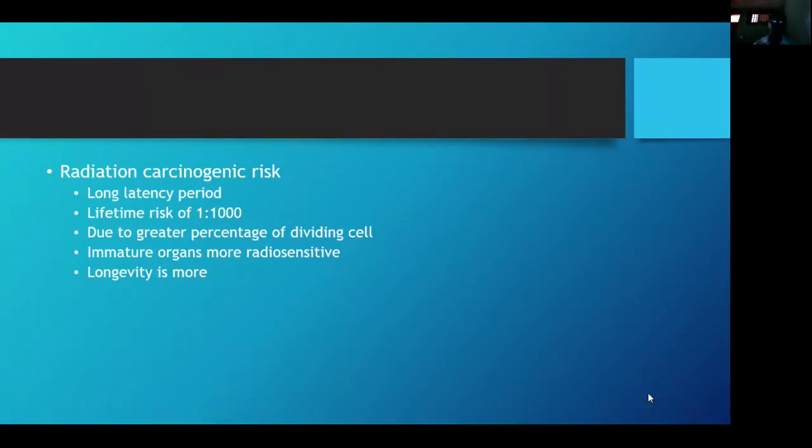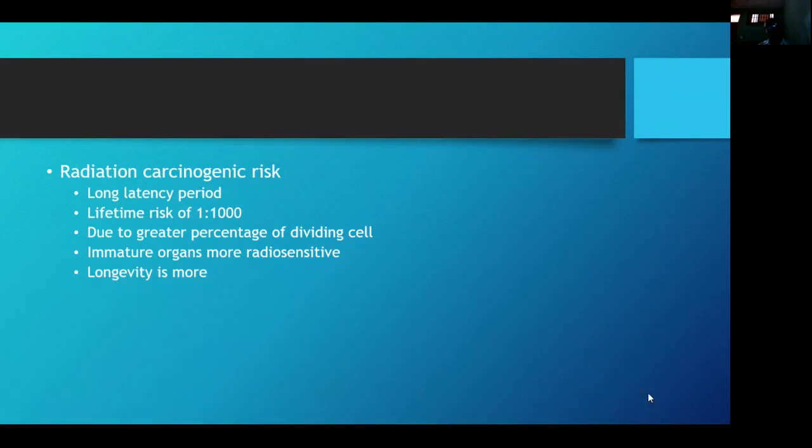One of the problems with children is the fact that they are just beginning their life. So technically speaking, you will consider the carcinogenic risk of a CT scan more for a 5-month-old child than you would for a 50-year-old man, because the 50-year-old man, in a place where the life expectancy is, say, 65, has like 15 years, and there is a long latency period for carcinogenesis.